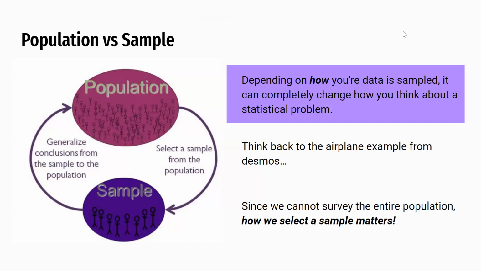The answer was actually the nose, because that sample from the population was only the sample of planes that successfully made it back. But we're interested in the planes that did not make it back, and those were ones that had damage to the engine, right? So that's why the nose of the plane made the most sense. So we have to really think about how we select a sample.